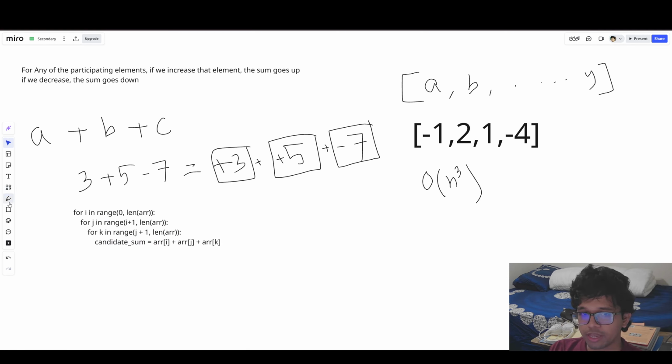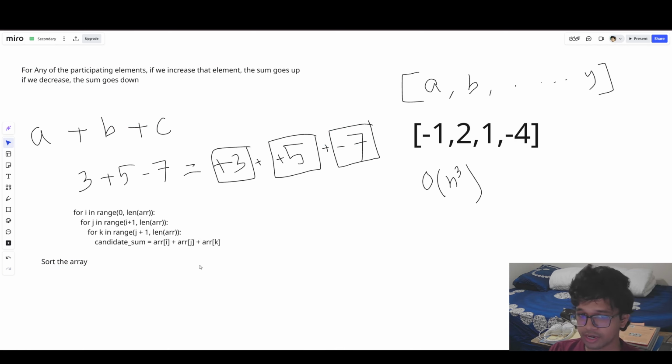With this code we are guaranteed to find every possible triplet, but is it really necessary to calculate all those triplets? Can we actually do something better? It turns out yes, we can. What we can do is sort the array.